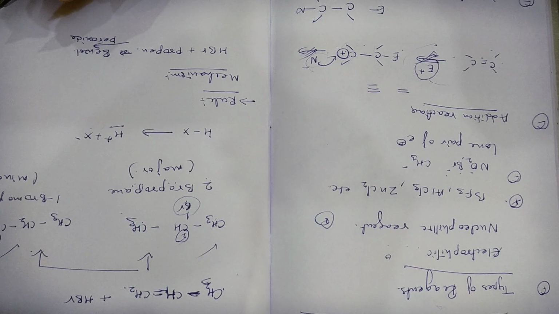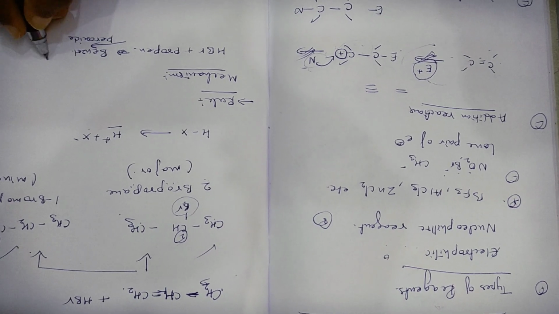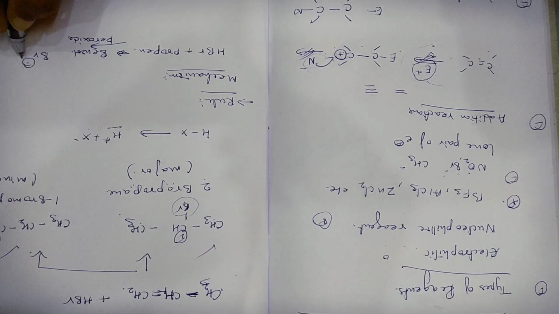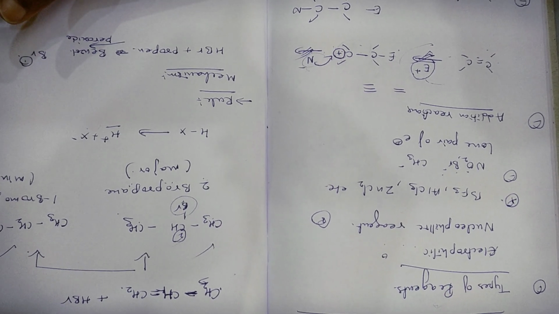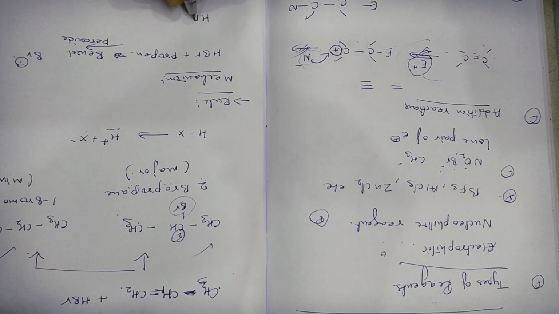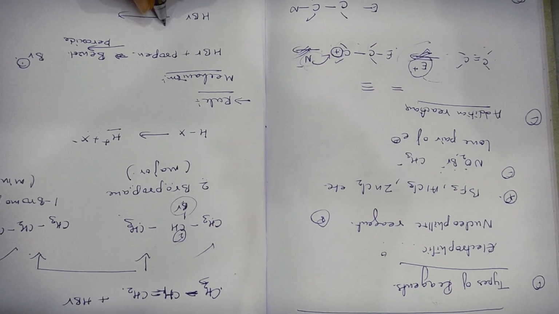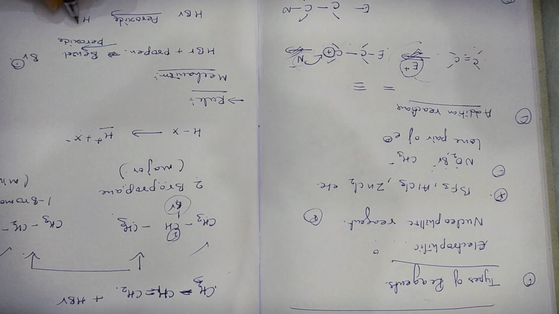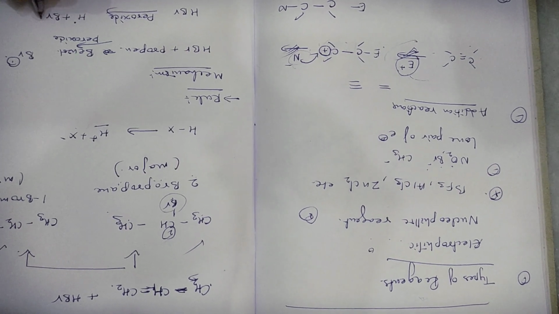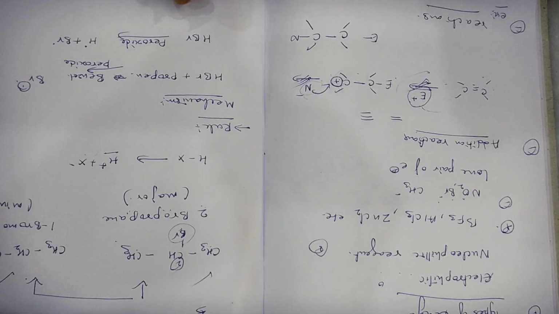In the first step, what happens? Bromine will form a free radical due to the free radical initiator. Means HBr in the presence of peroxide gives rise to H plus and Br minus with the free radicals.